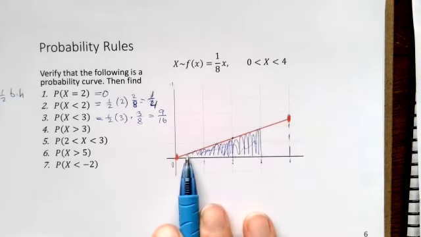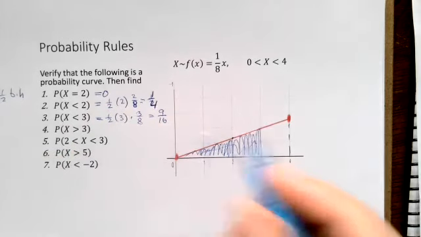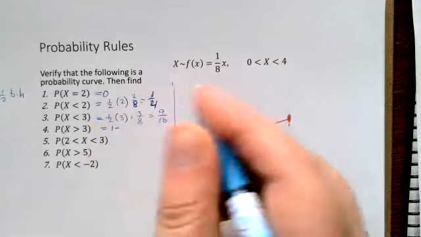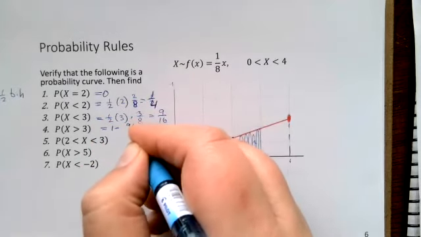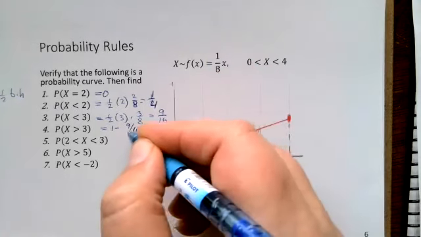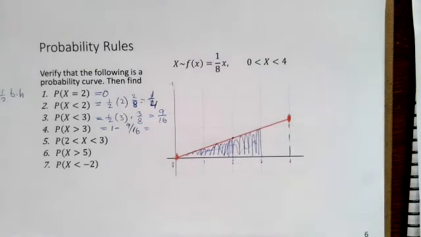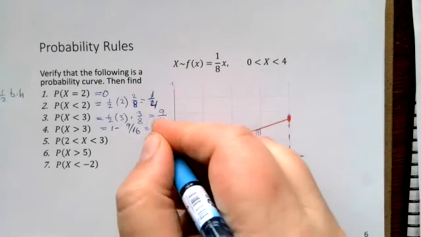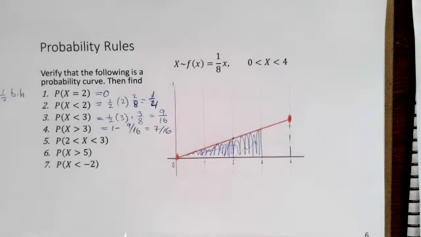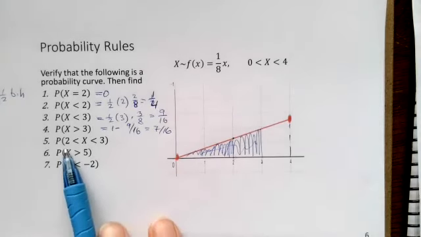This piece is 9/16. So the area on the right is going to be 1 minus 9/16. So 16 out of 16 minus 9/16 will give us 7/16.